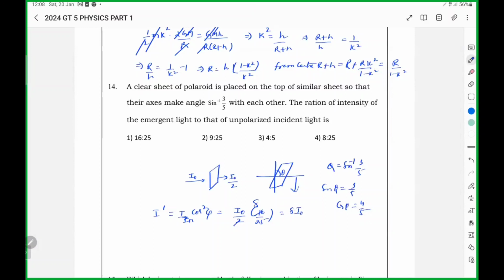That is 8 I naught by 25, where I naught is intensity of unpolarized light. For the ratio of intensity of emergent by incident, we get 8 is to 25.